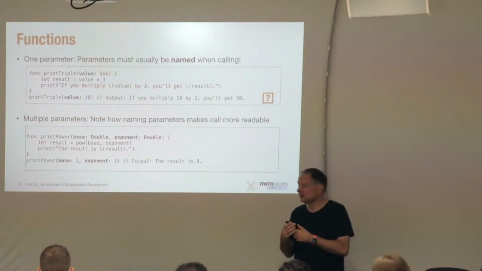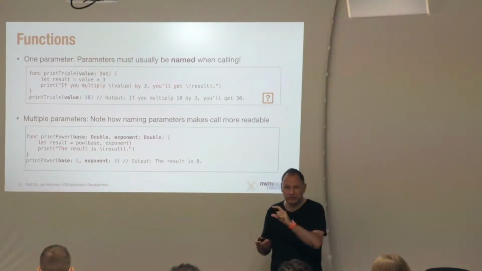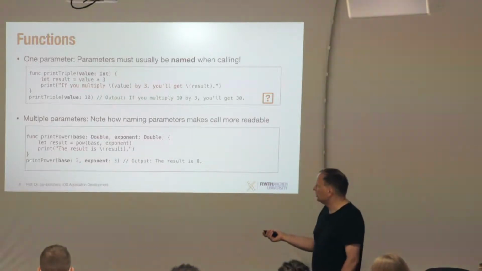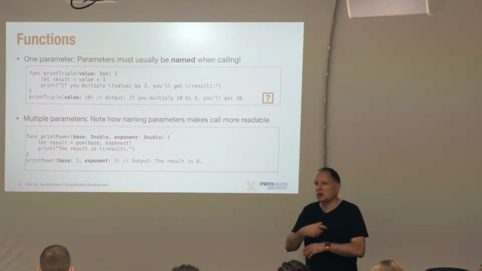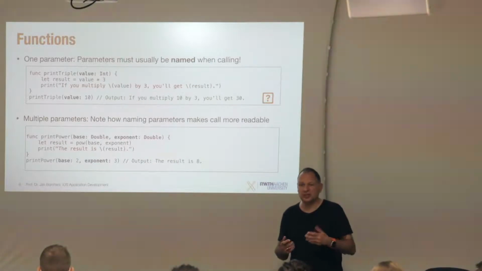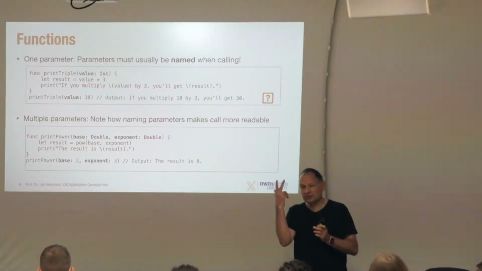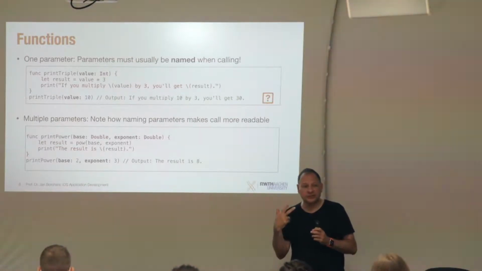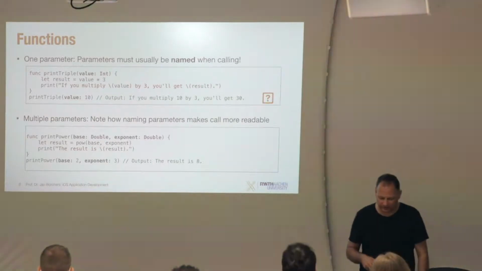Not so in Swift, because you will actually see when you read the code that this is print power with the base 2 and exponent 3. It's perfectly legible. This is what I say when, remember the 3 things of Swift, right? Fast, safe, and expressive. This is expressive in the sense that it makes it really easy to read the code. The code is expressive when you look at it.